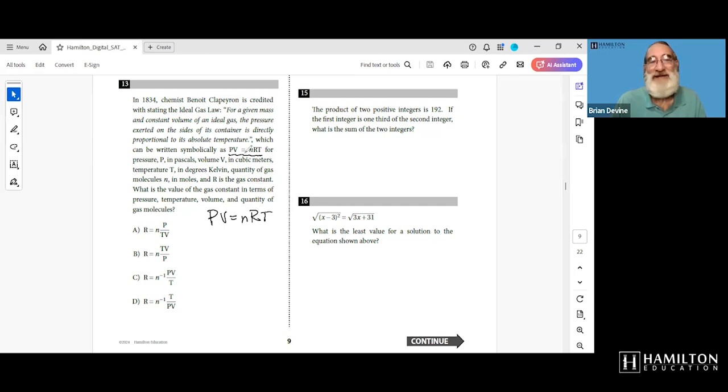And then they tell you what P is, what V is, what T is, what n is, what R is. But the question says, what is the value of the gas constant in terms of everything else? So solve for R. Well, I can divide both sides by nT. So R should be PV over nT.